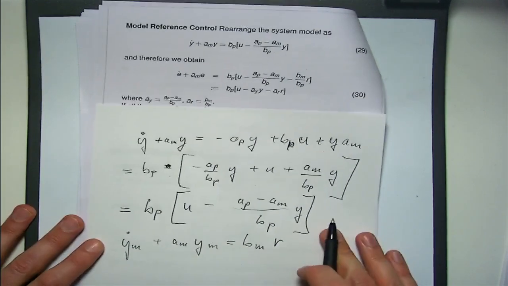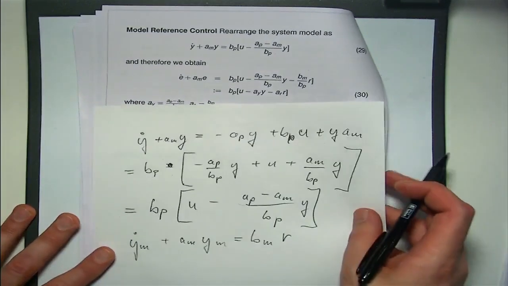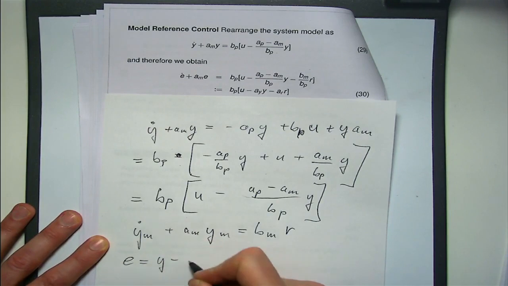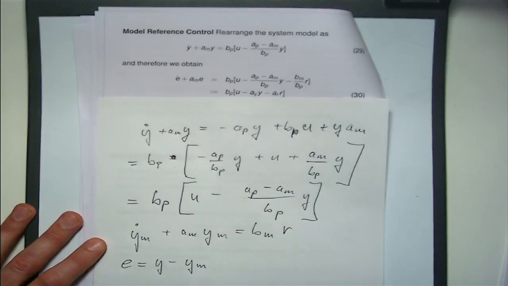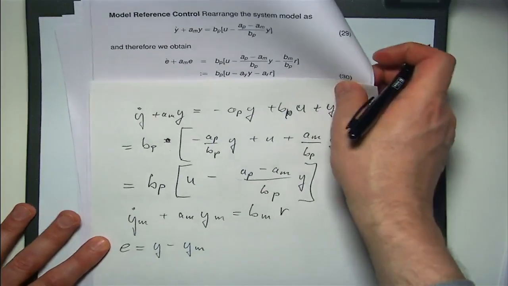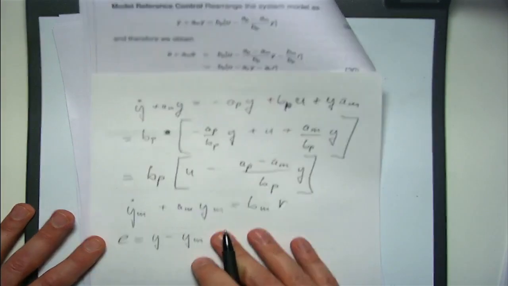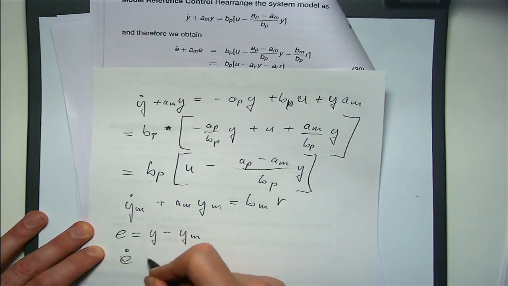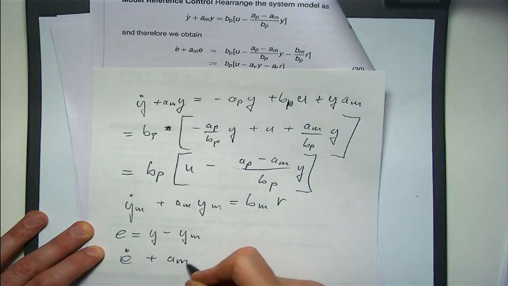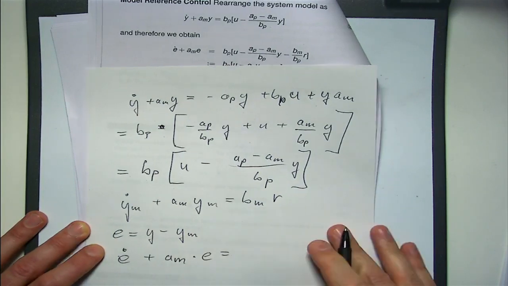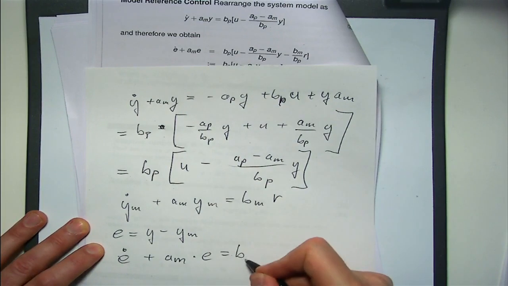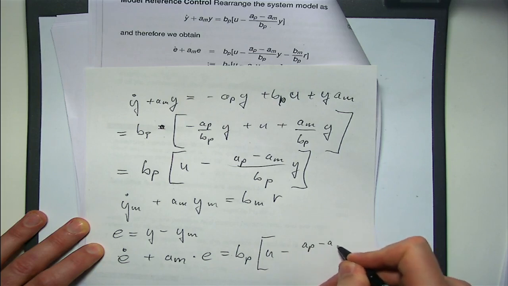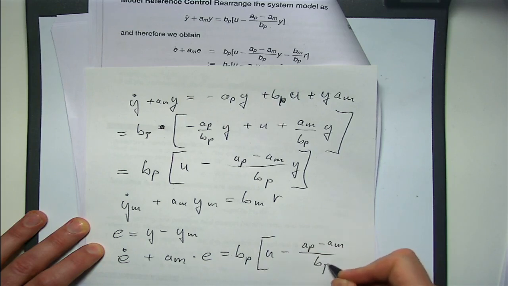So by saying that we have e equals y minus ym, we can write e dot plus Am times e equals Bp times u minus (Ap minus Am) over Bp times y.